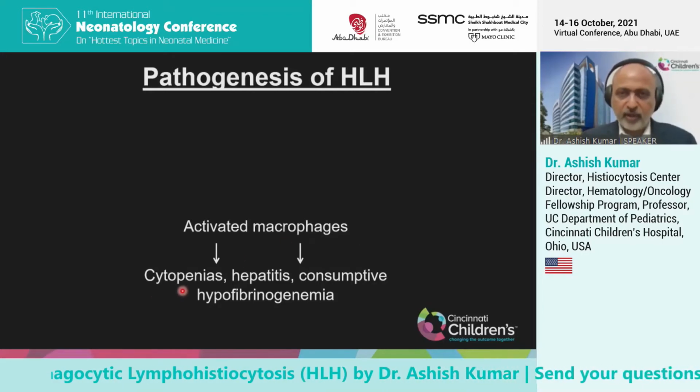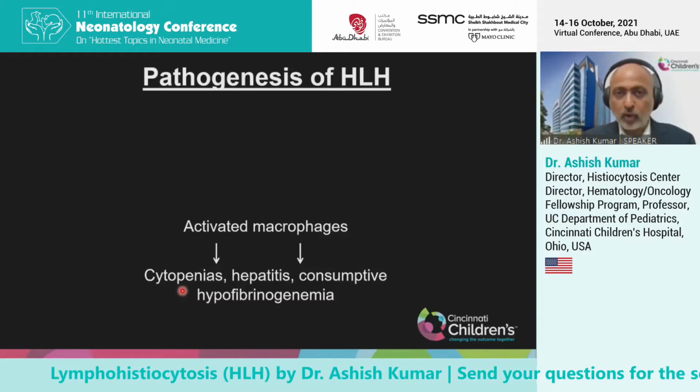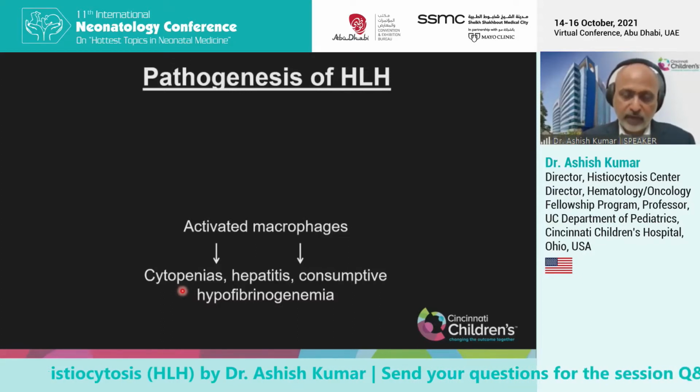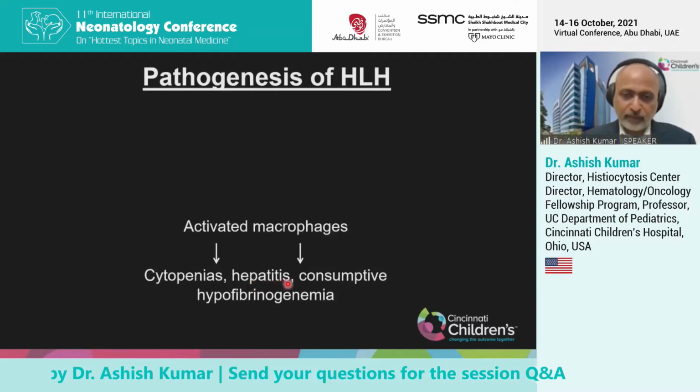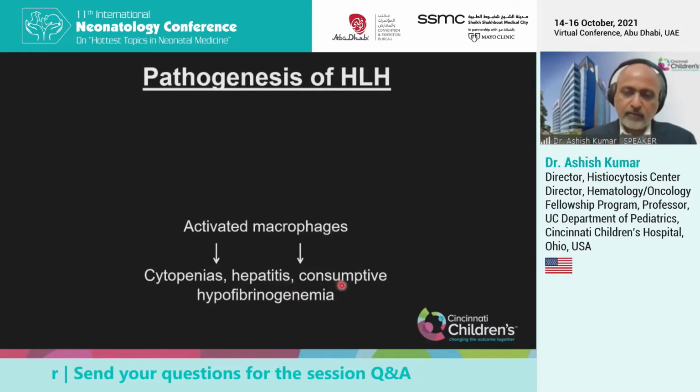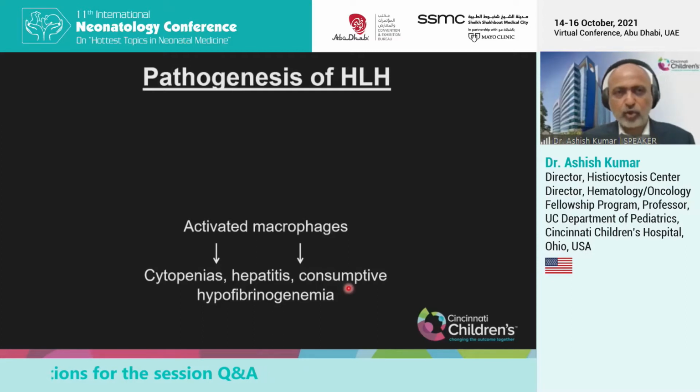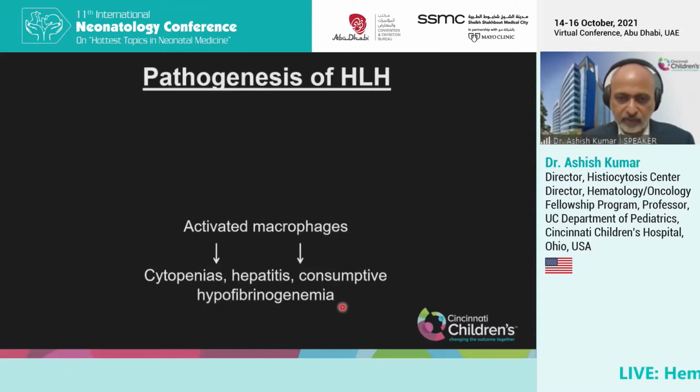So thrombocytopenia, anemia, neutropenia, usually all blood lines are affected. The macrophages invade the liver, causing inflammation of the liver or hepatitis. And for whatever reason, there is a consumption of fibrinogen. So you end up with a consumptive hypofibrinogenemia. So these are the clinical manifestations, which can all be related to activated macrophages.